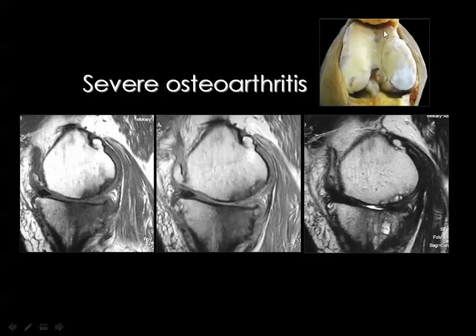Denudation meaning that the cartilage is totally degenerated with loss of its normal thickness, loss of the water content, and ulcerated surfaces, and these ulcers may reach the underlying bone.